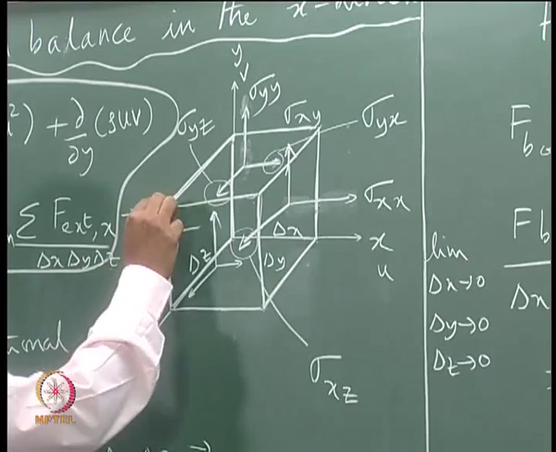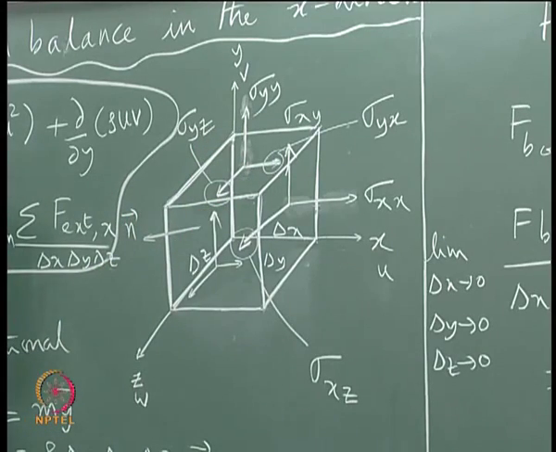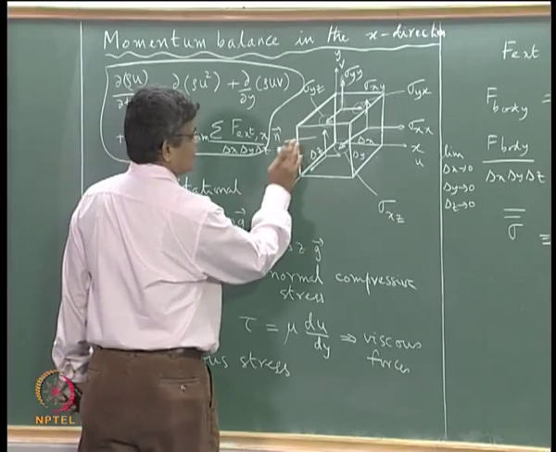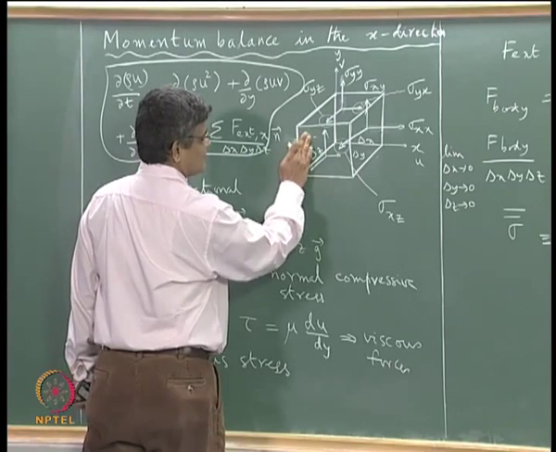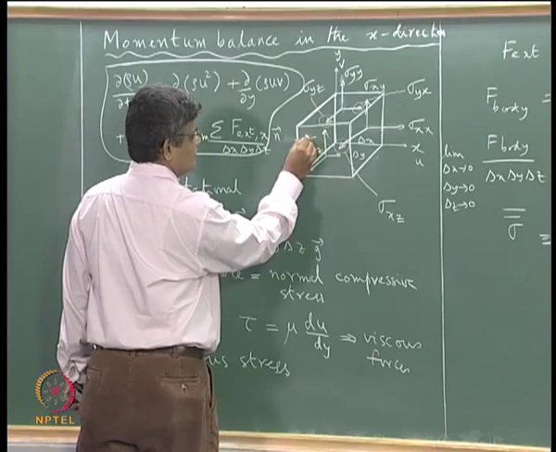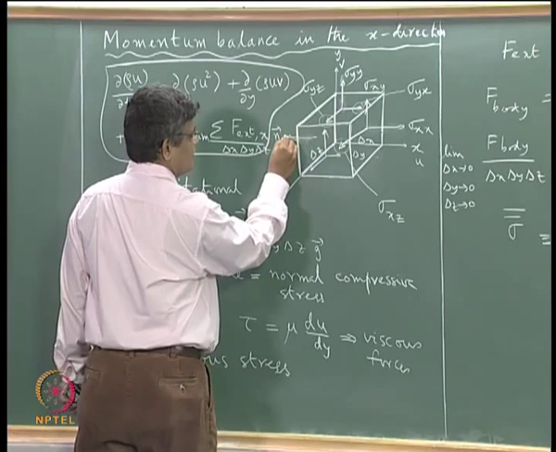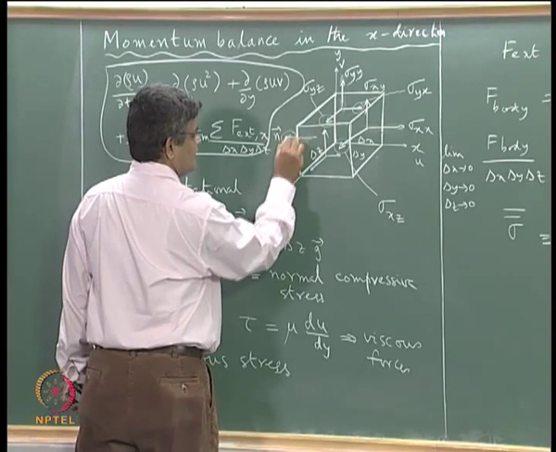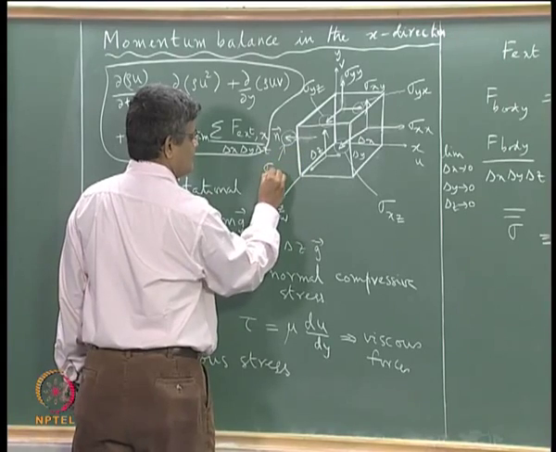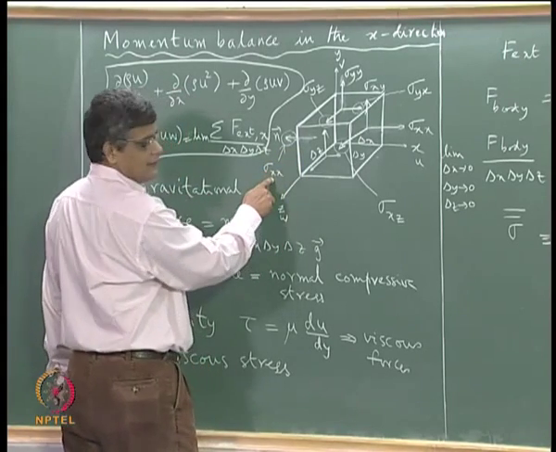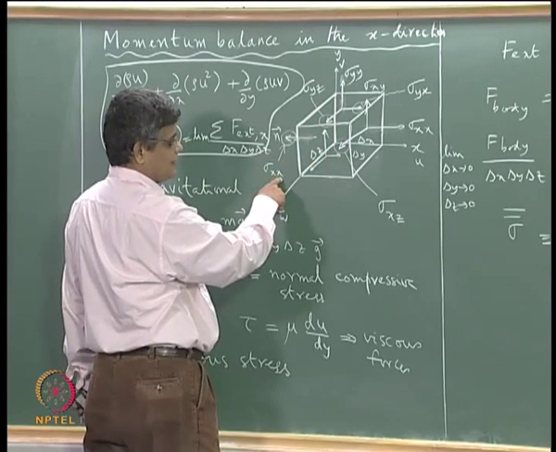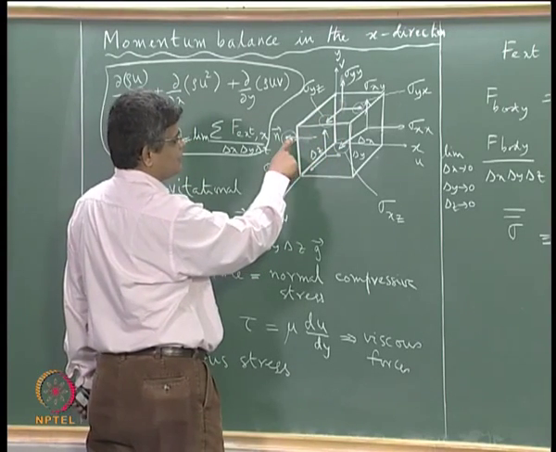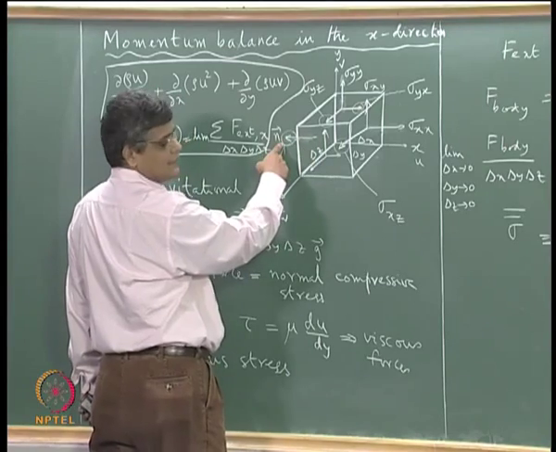So this is a negative x face, and on a negative x face the normal stress will be acting, this is again an x face because this is obviously an x face, and it is acting in the x direction, but its direction is in the negative x direction.